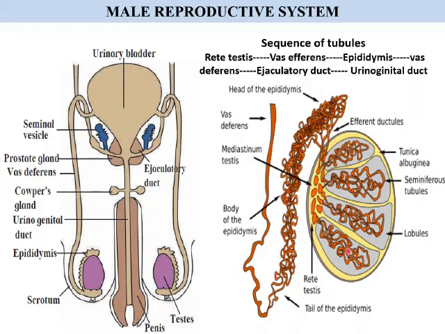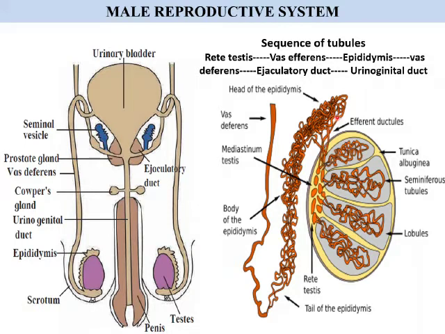Once the male gametes are formed in the seminiferous tubules, they come out and reach this portion called the rete testis. From the rete testis, they move into other ducts called efferent ductules, also called vas efferens.